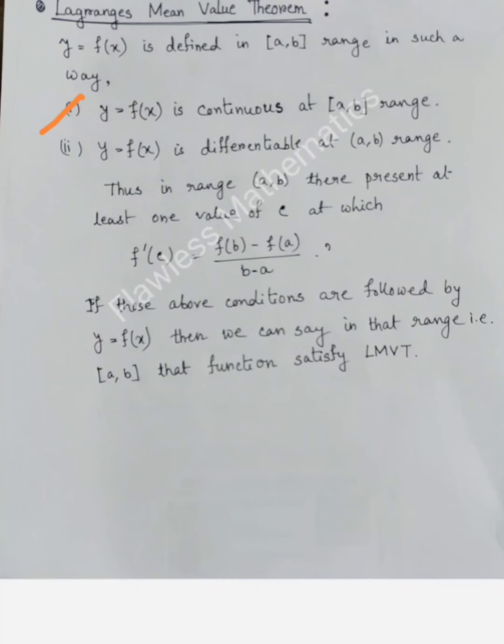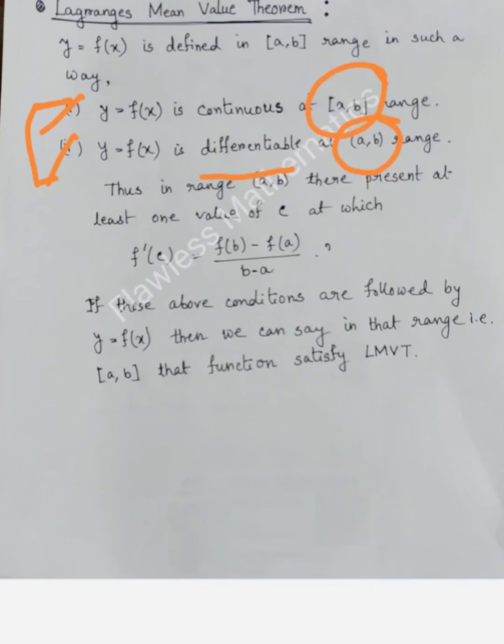You must watch where there is a closed interval and where there is an open interval. When y equals f of x is continuous, the range is the closed interval, and when it is differentiable, the range is the open interval. So the first two conditions are similar to the previous one.